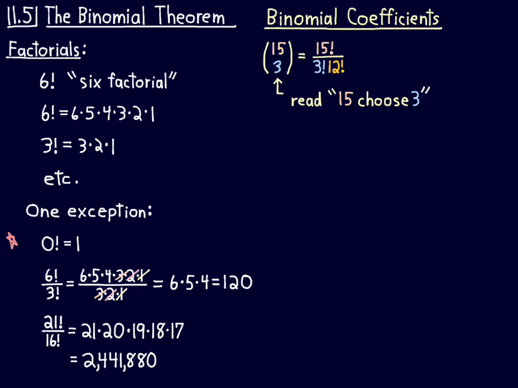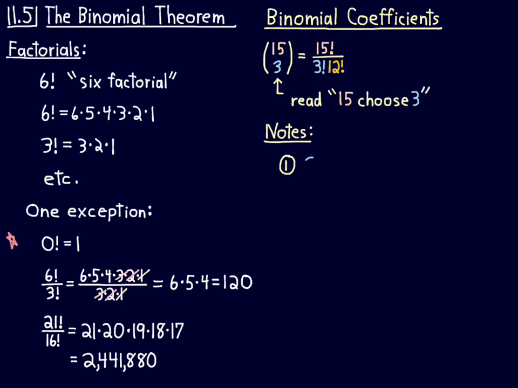So in other words, 15 choose 3 is the same as 15 choose 12. And the reason is because you're choosing 3 balls to remove, or you're choosing 12 balls to leave and remove the rest, and it amounts to the exact same thing.